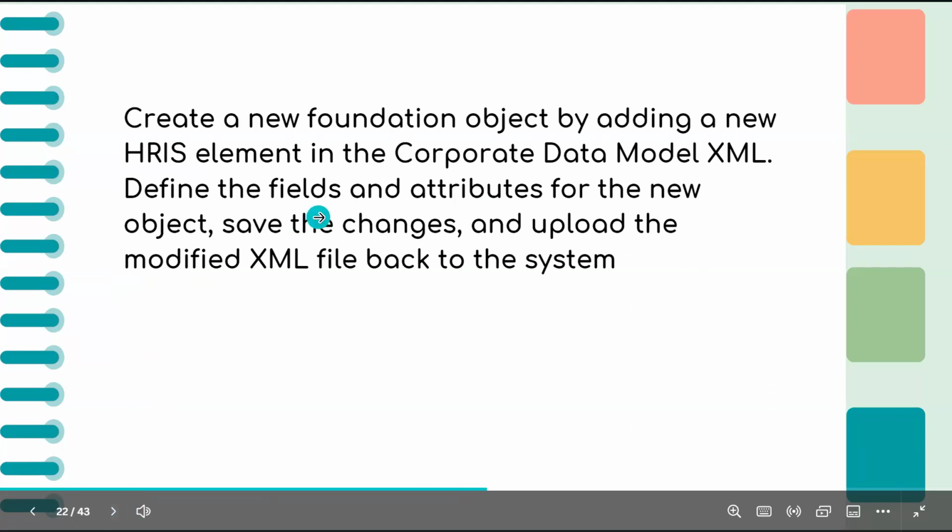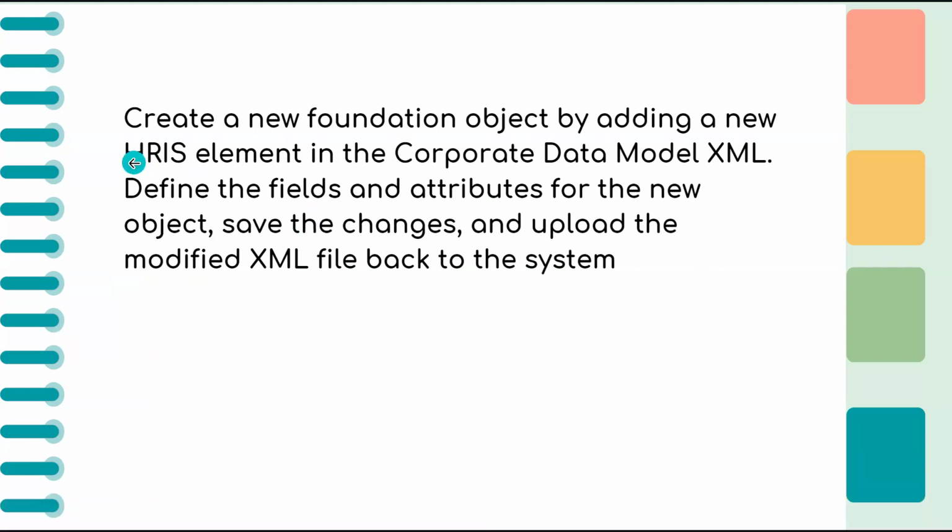The straightforward answer is, first of all you have to add a new HRIS element. Define those fields and attributes. Then you have to make that association, so you are also right; that is the second step. You make the association between the parent and child department, which sub departments are part of which department.